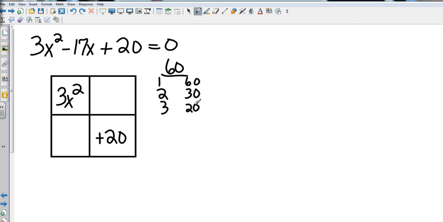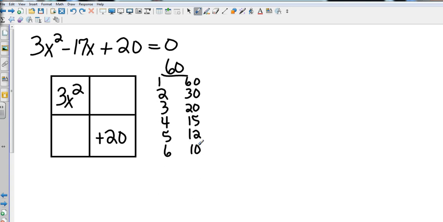I think we've been through this far enough where we can see that 3 and 20 are going to give us that 17, but we're going to put all the factors just in case, because sometimes there are 2 on the list that would give me the right answer, but I can't make them work with a positive or a negative sign. So we keep going: 4 and 15, then 5 and 12, and I believe 6 and 10 is going to be our last one.